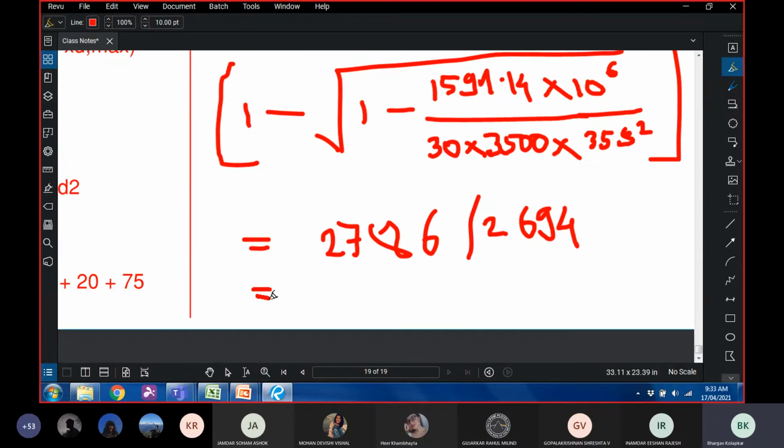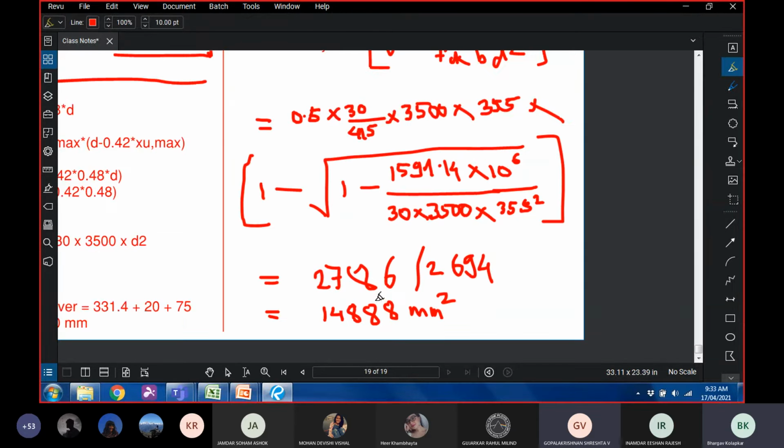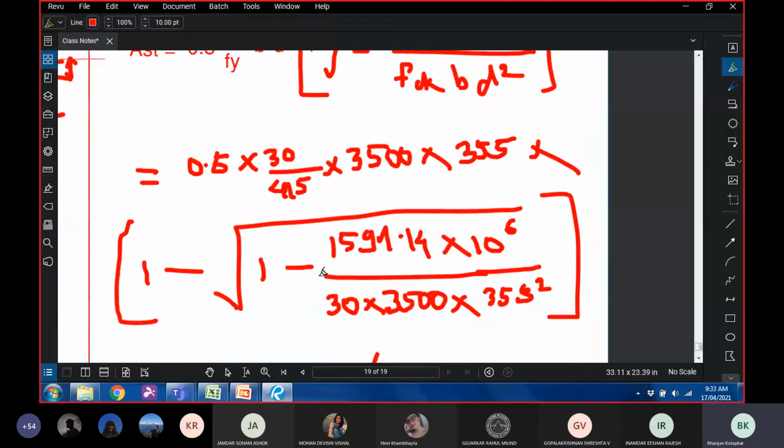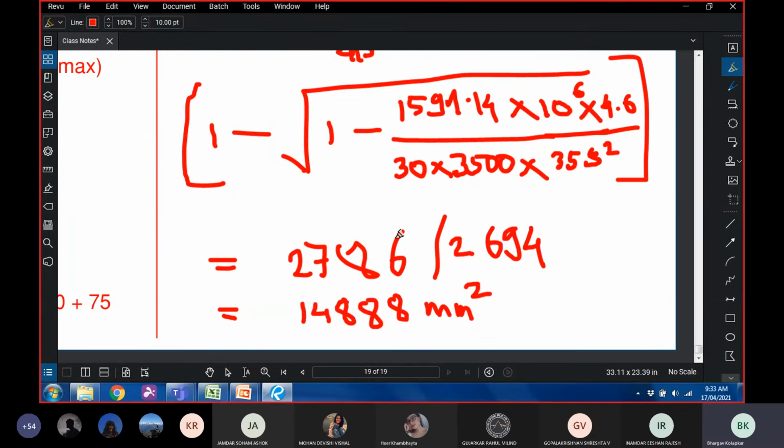Okay, so the answer that I have got is 14,888 mm squared. Don't we need to multiply the Mu term by 4.6? I think we haven't done that. Oh, it is because of that you're getting a different answer. So you have to multiply this by 4.6. Can you just recheck?